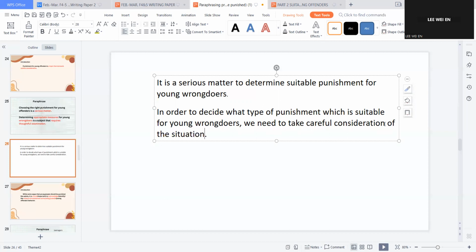Even though I write more words than supposed to be, the meaning is the same. So did you see the difference? Do you think the meaning is the same? Yeah, they are the same. Can you read out the sentence, please? In order to decide what type of punishment which is suitable for young wrongdoers, we need to take careful considerations of the situation. Very good.